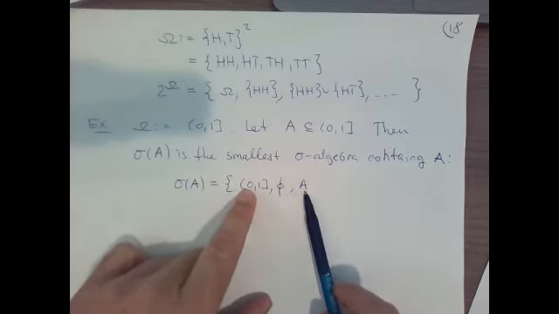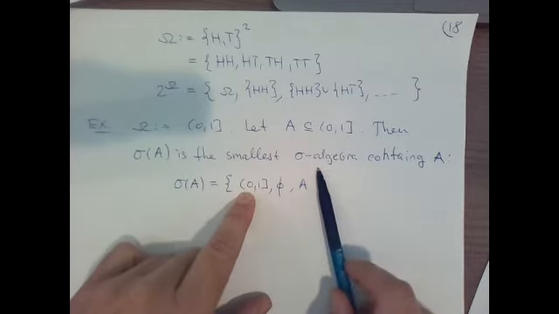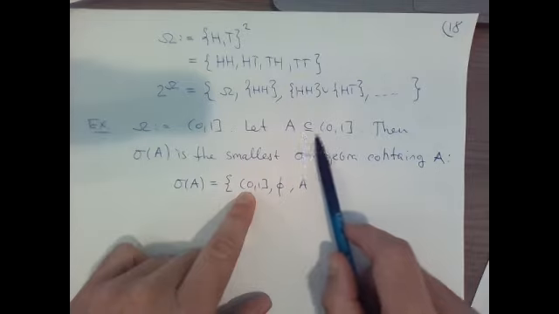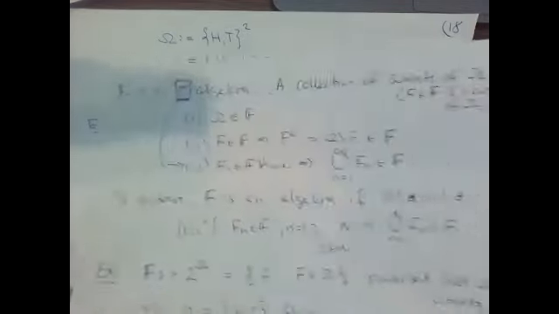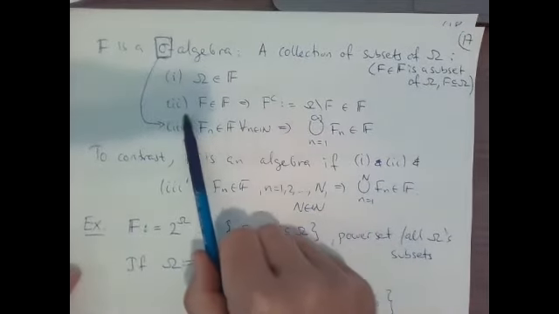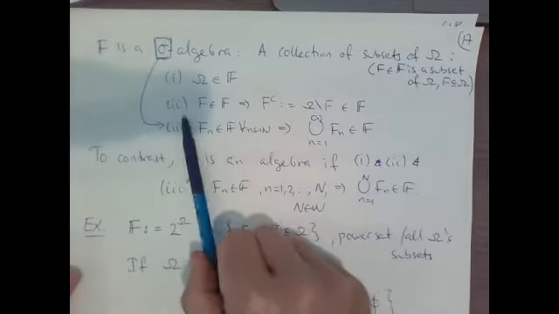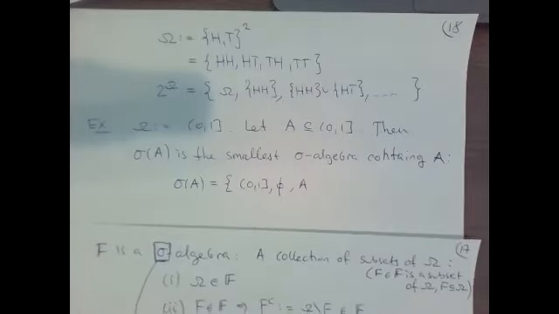The entire set union A is going to be the entire set because A was inside. What about the complement? Number 2, does that hold? If I take anything inside here, these 3 sets, would the complement also be there?